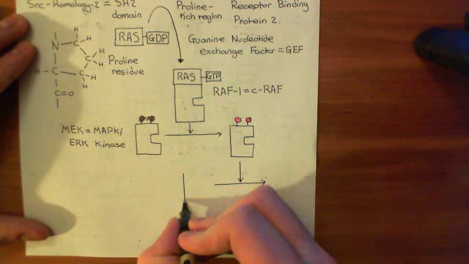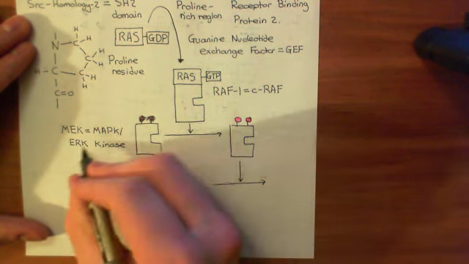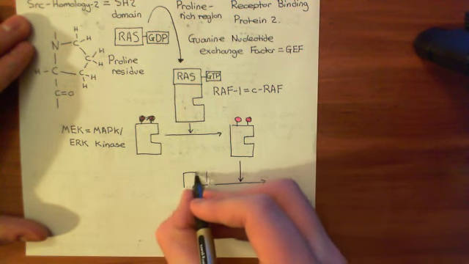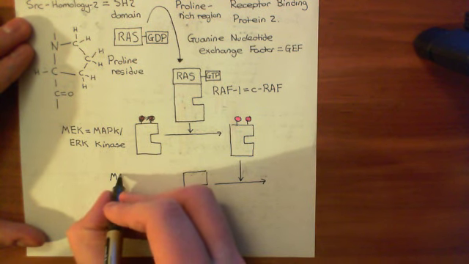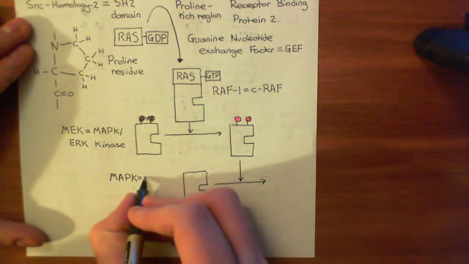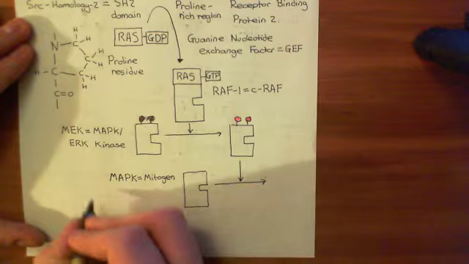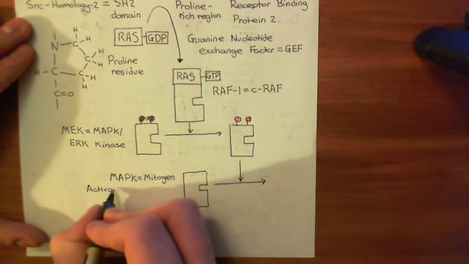The next enzyme along is finally MAPK, and it's also called ERK. So this enzyme has two names. It can either be called MAPK, which stands for mitogen activated protein kinase. The M is for mitogen, the A is for activated, and the PK is for protein kinase.